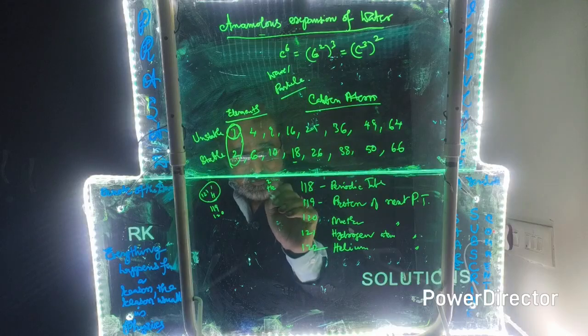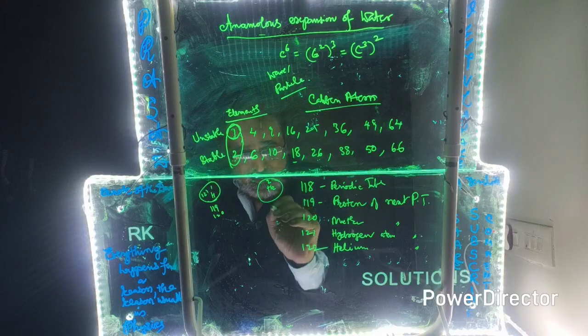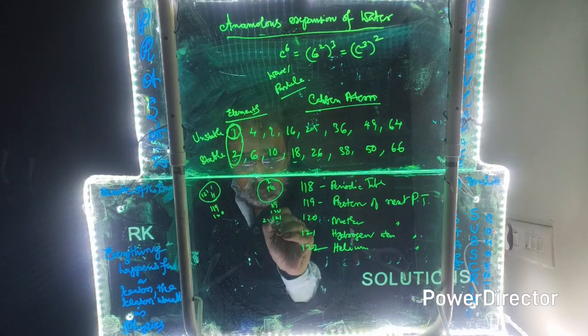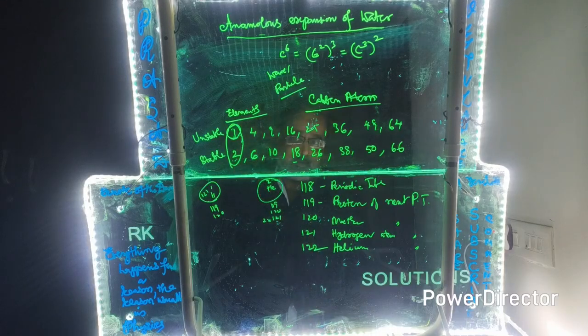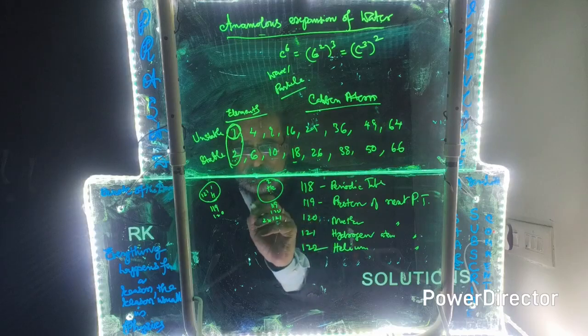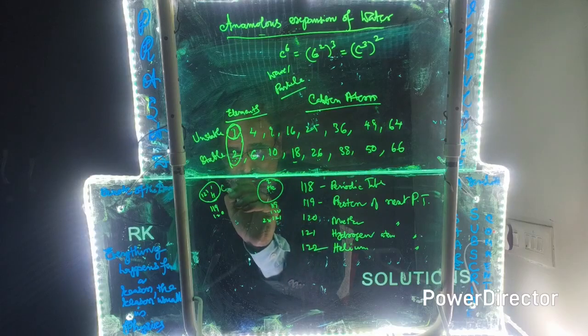This tries to become this. This will also have 119, 120, 121, two 121s, right? Two of such hydrogens will become helium. So this is the quantum world.